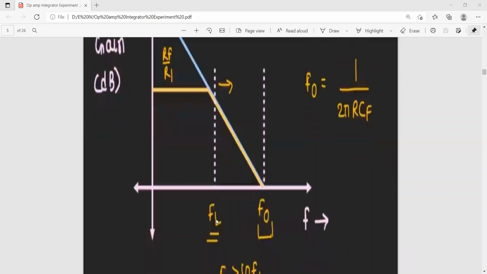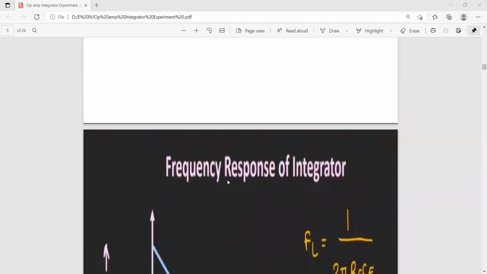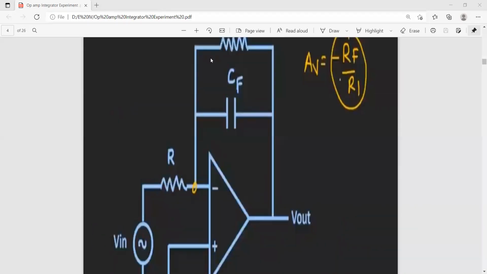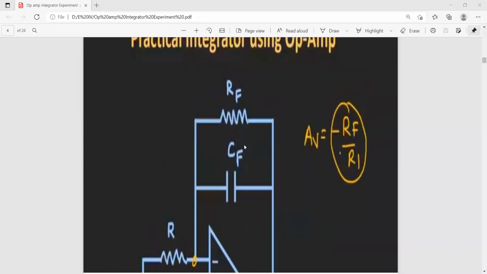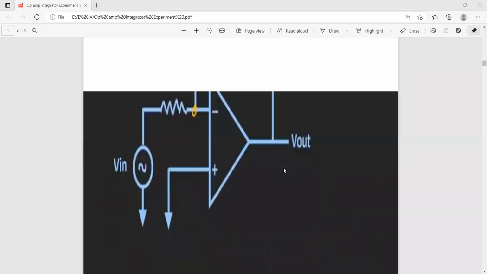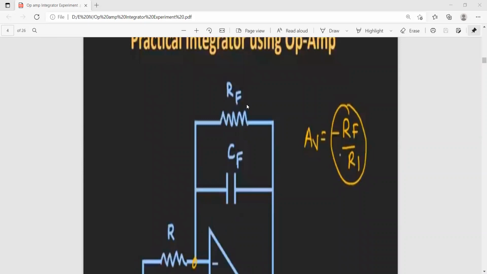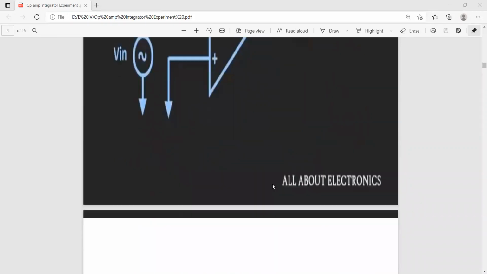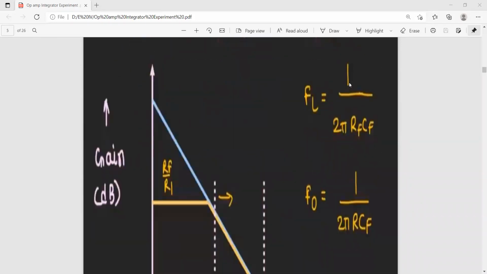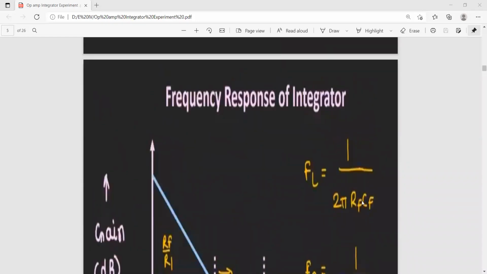This FL is based on the values you have taken in this circuit diagram. It is based on the RF and CF values. That cutoff frequency FL is equal to 1 by 2 pi into RF into CF.